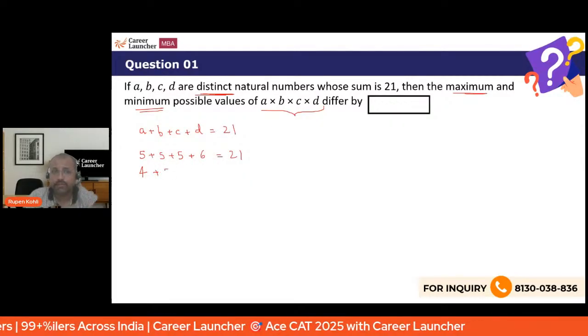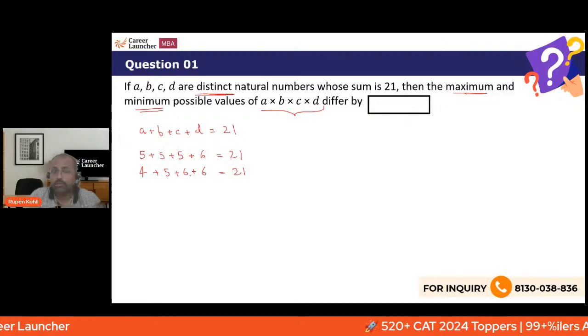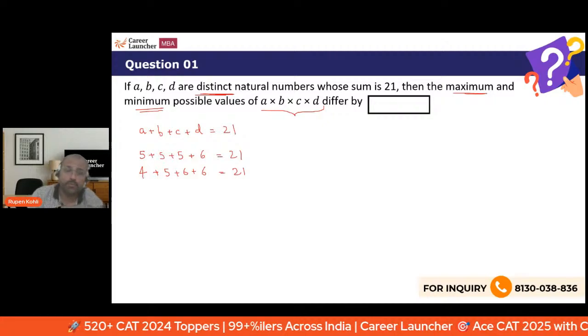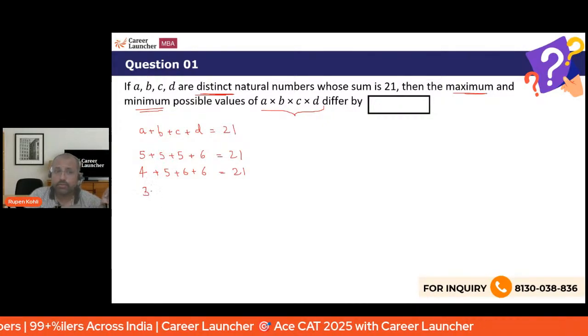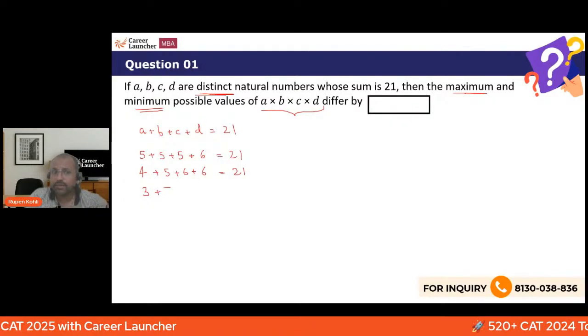I will have 4 5 6 6, still not satisfied, but I'm gradually reaching there. One more step is required. So now I have two sixes, so I need to go further. Now I can't decrease 5, because then I would have 4 plus 4, so I should decrease 4 only, isn't it? So if I decrease 4 by 1 to 3, then I can increase this 6 to 7, and yes, then it will become distinct.